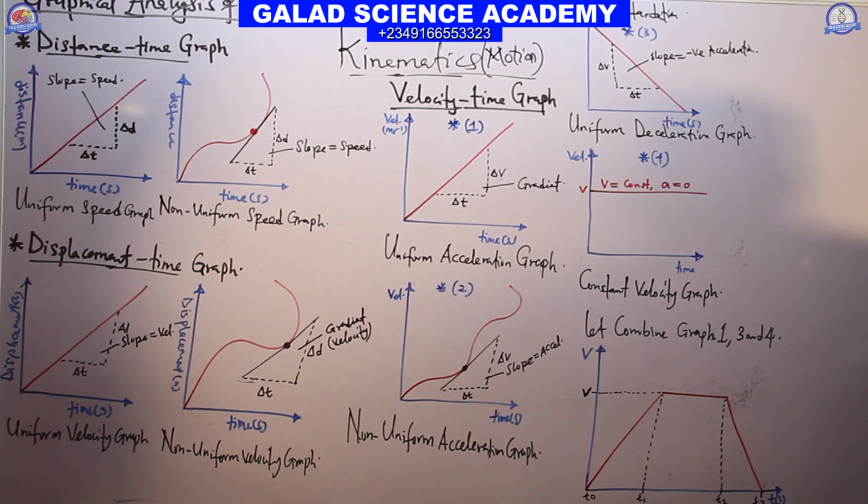The slope will be changing v over changing t, and this is the change in velocity over time, which is acceleration. So this graph is the acceleration graph, and since it's a straight line graph, you call it uniform acceleration graph.